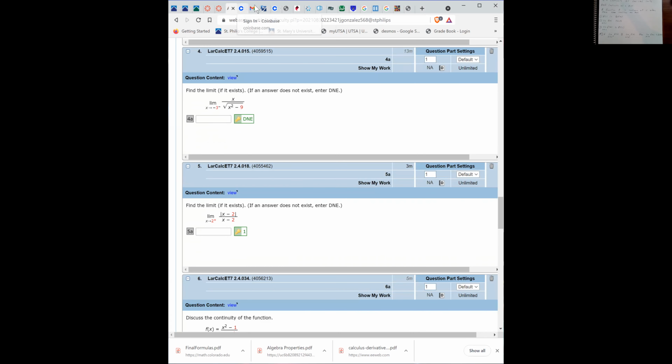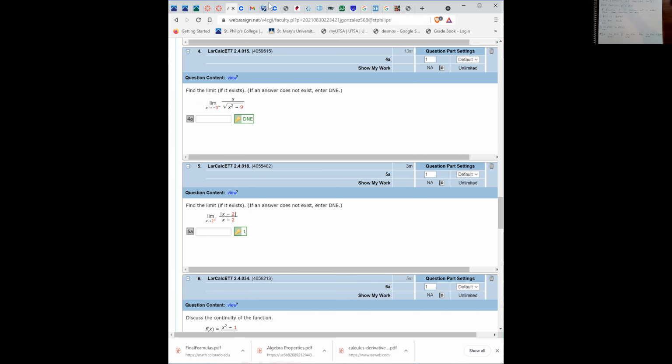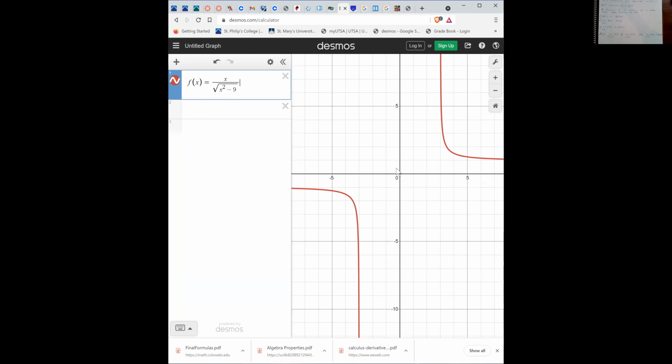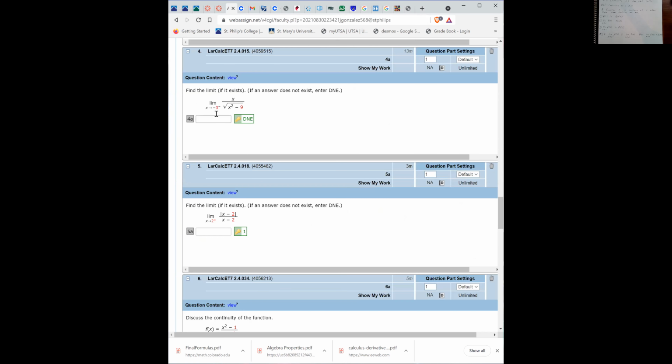X over x squared minus 9, is that what it was? Yeah. Okay, so it was approaching x equal to -3, right?